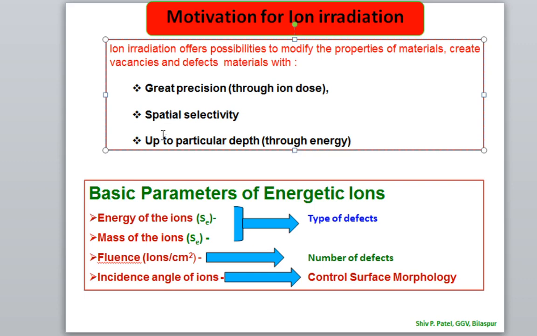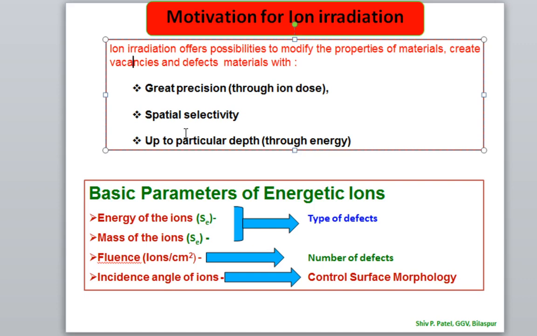Another is that this modification of the property of the material can be controlled up to a particular depth. As we have discussed, the range of the ion means that by choosing the energy of the ion, one can control the depth up to which you want to modify the material. If you want only the surface to 10 nanometer of material to be modified, then choose a low energy, so that the range of the ion is only of the order of 10 nanometer.